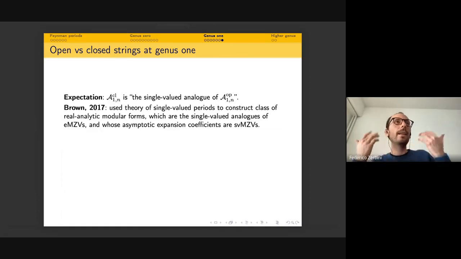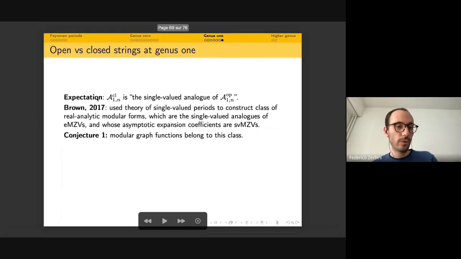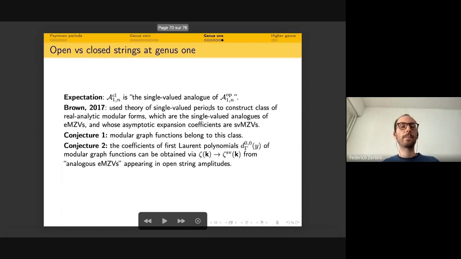So these look exactly like the modular graph functions that you find in closed string theory, and they come from elliptic multiple zeta values, which are what you have in open string theory. And so, of course, this seems to have to do with this expectation. And the conjecture is that, indeed, modular graph functions should belong to this class constructed by Francis Brown.